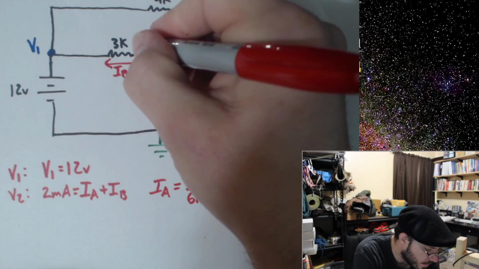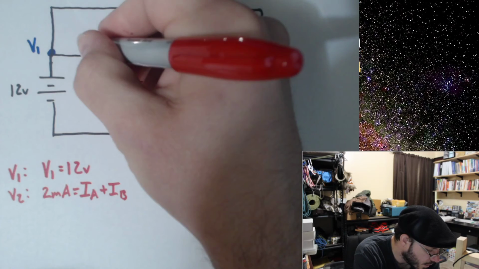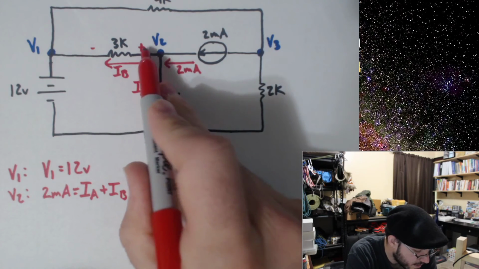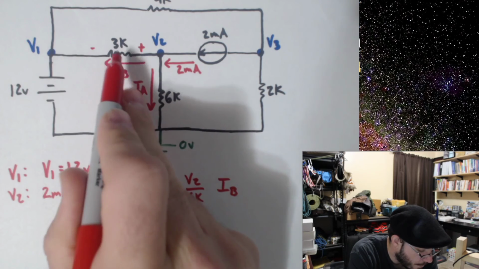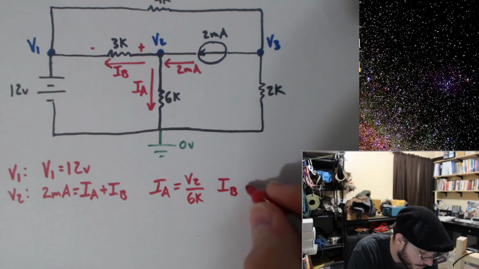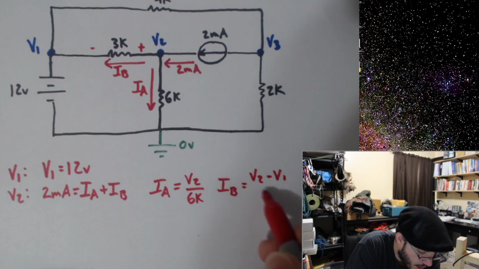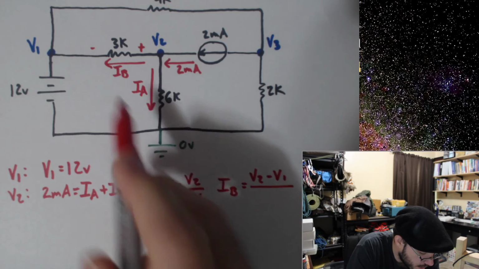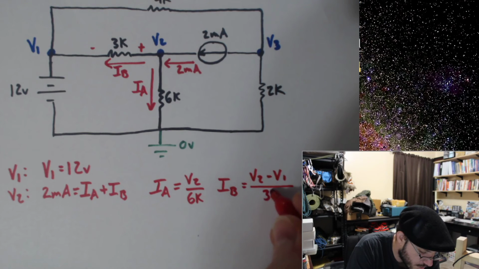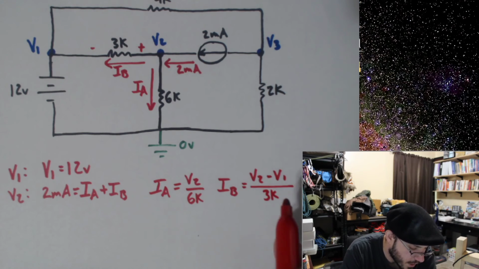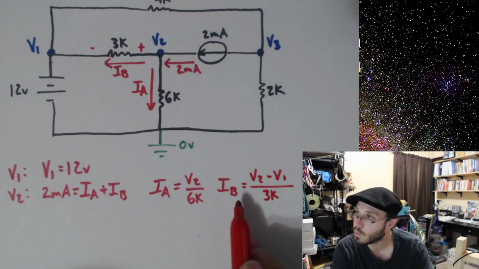Well, current always goes from a higher voltage to a lower voltage, so I can say plus V2 minus V1 gives me my voltage drop across the 3K. So IB is equal to V2 minus V1, all of that is the voltage drop across it, so I can take the voltage drop across it and divide by 3K to invoke Ohm's law and give me what IB is equal to.